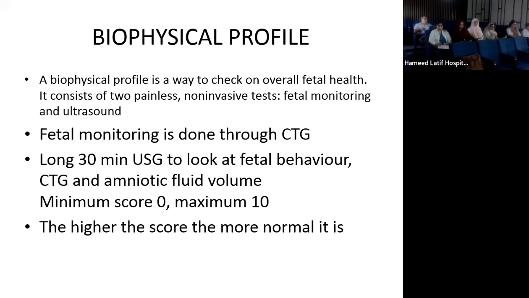What are the other important causes when you do a scan and see the liquor is not there? What is the most important thing to consider? Leaking. Once you've ruled out leaking, the other thing you need to understand is that AFI comes down as you approach term.